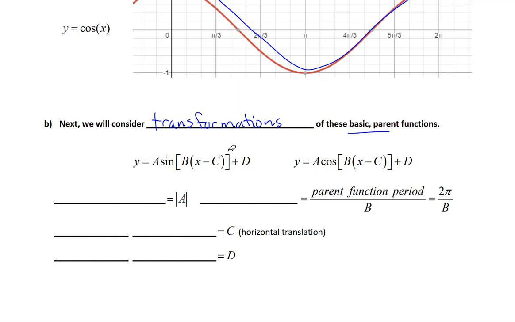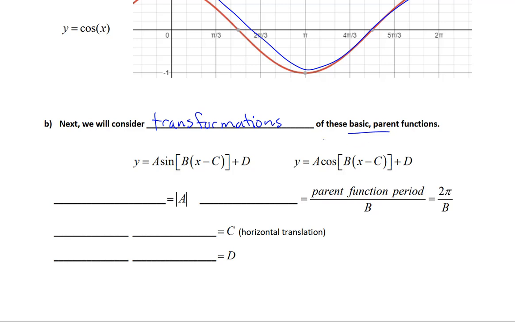Read more carefully, it'd be y equals A times the sine of, open bracket, B, open parenthesis, x minus C, close parenthesis, close bracket, plus D. Okay, but it's a little bit tedious to read it and say it that way. Nonetheless, until you are clear with where all those symbols are, it might be good to be thorough in that way. Or cosine would be the exact same thing, except with cosine. So the A, B, C, and D are all in the same places, just dealing with cosine instead.